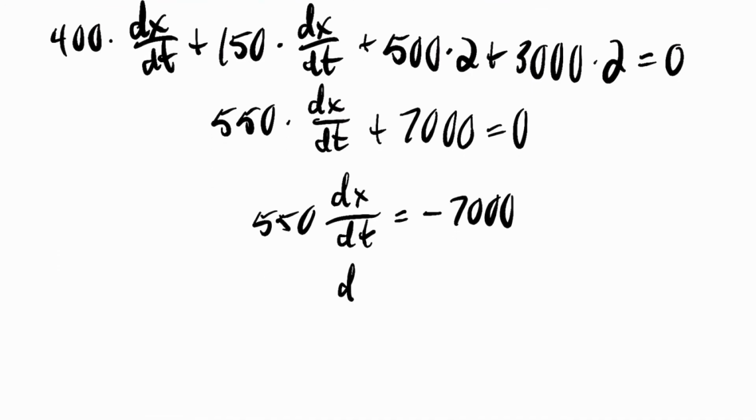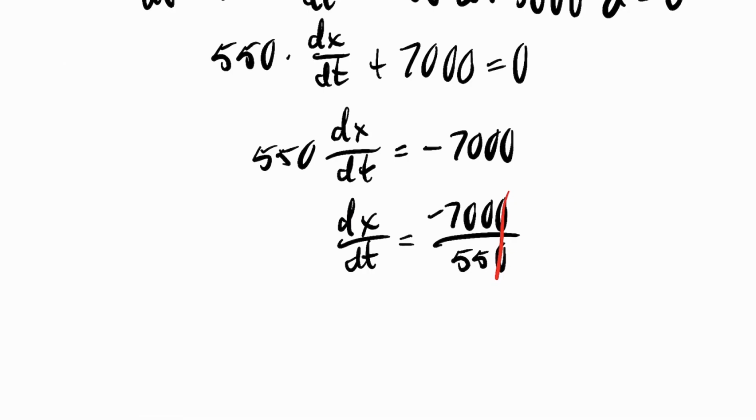And then divide the 550 on both sides. Now I can do a little bit of reducing. These zeros reduce, right? And then the top and bottom are both divisible by 5. So dx dt equals negative 140 over 11.